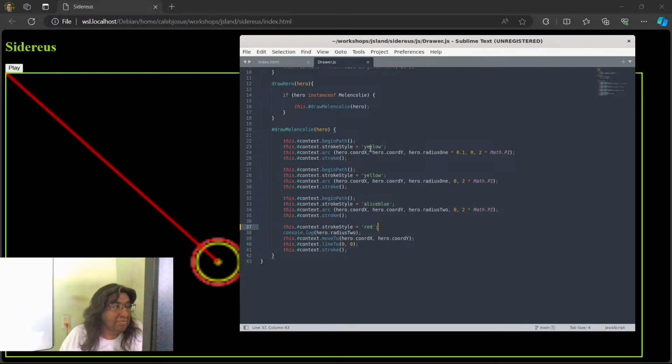We have yellow, dog style, begin. Yellow in the inner circle, yellow, the radius one circle, all is blue. This should be another one.